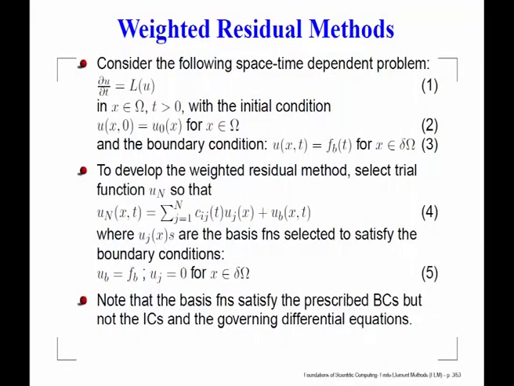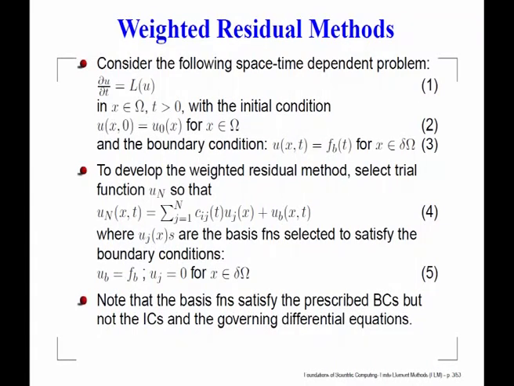What this uB(x,t) is, that is a special function that is used specifically to satisfy the boundary condition. You see, we are not going to do a periodic condition, this will be a non-periodic condition. So, that boundary condition would be given to you as has been given in 3, like f of b as a function of time. So, this second part of the trial solution actually helps you in satisfying the boundary condition. Whereas, at the boundary these uj's are 0. So, that this exactly satisfies the boundary condition, right.